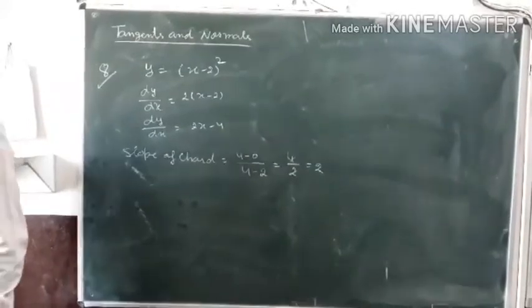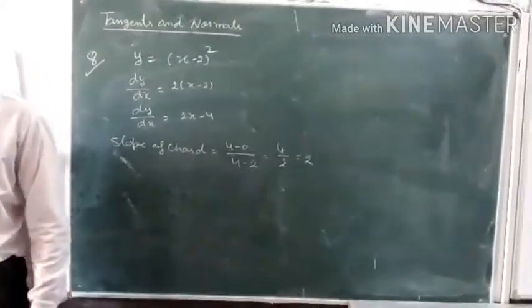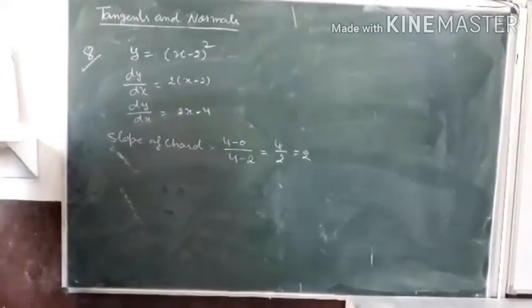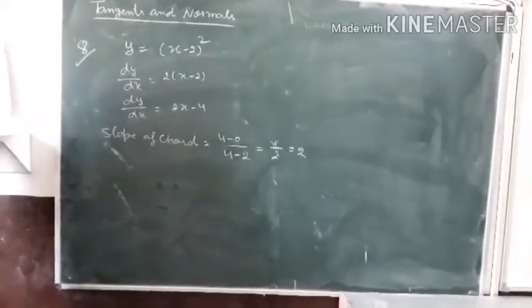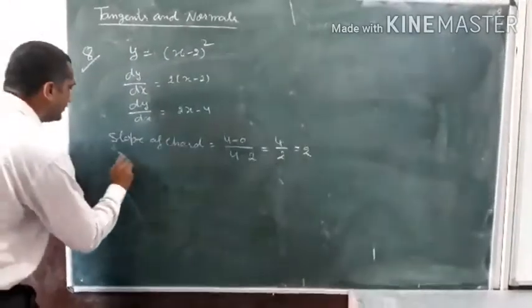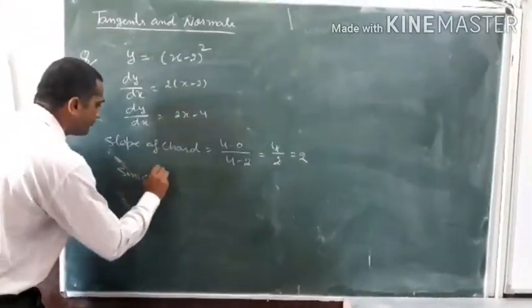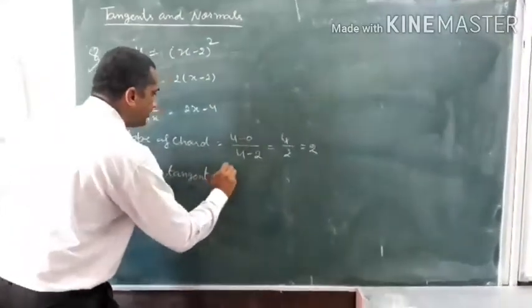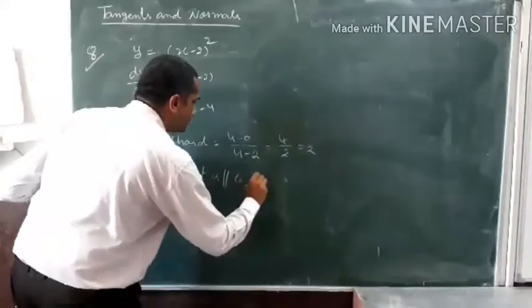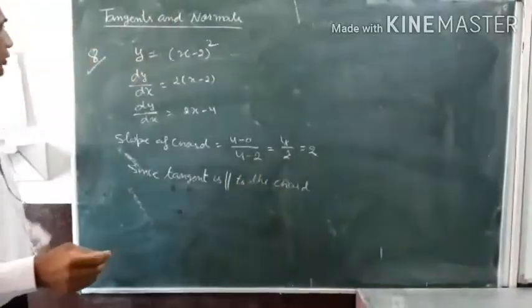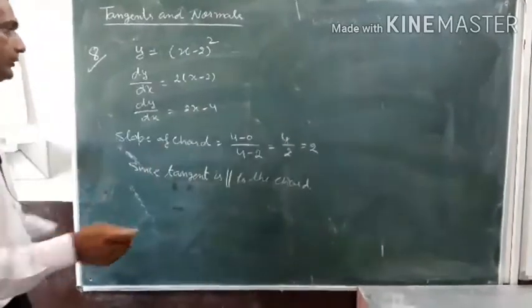Then the tangent statement, you have the book, we used to see the statement together. The tangent's slope is parallel to the chord. So since the tangent is parallel to the chord, these two slopes will be equal.